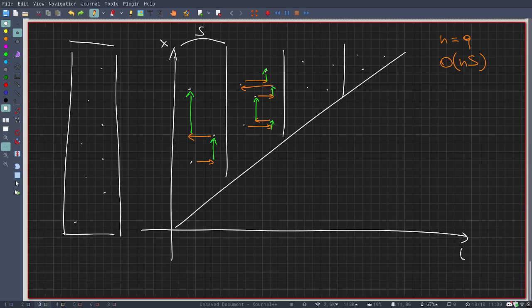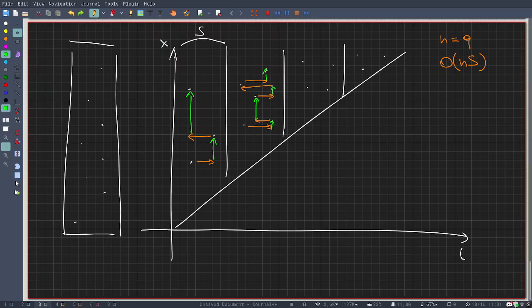In such a way that the total length of the green arrows is at most O(n) in each block. Of course you have to repeat in every block. How many blocks do we have?